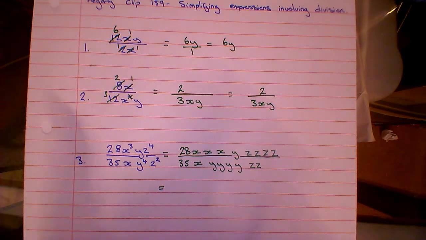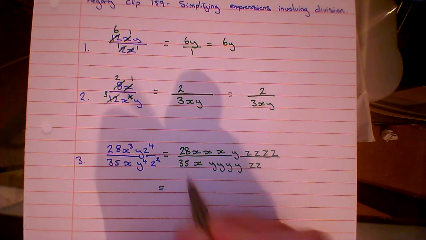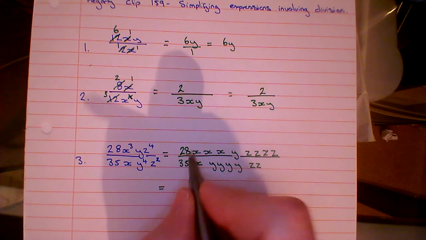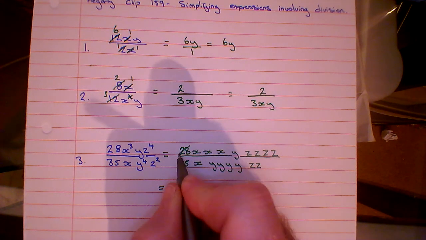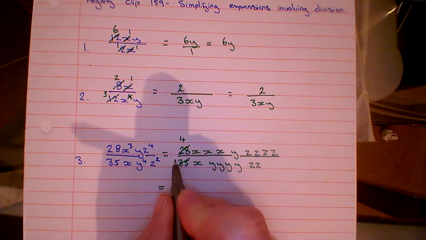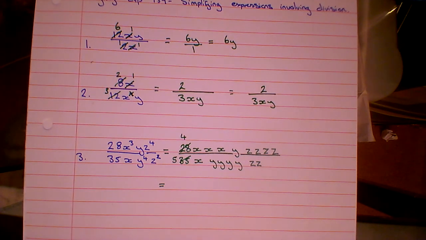Numbers first. So 28 divided by 35. Well, I'm going to divide both by 7 because they both appear in the 7 times table. So 28 divided by 7 is 4, so that becomes a 4. That becomes 5. Now I'll do this in a different coloured pen so you can see.